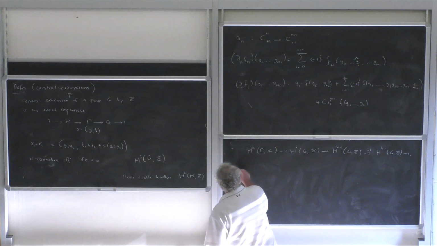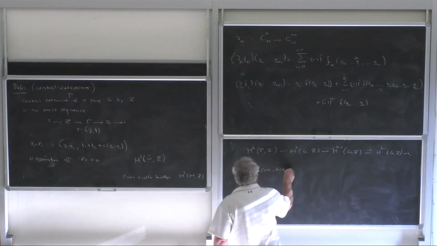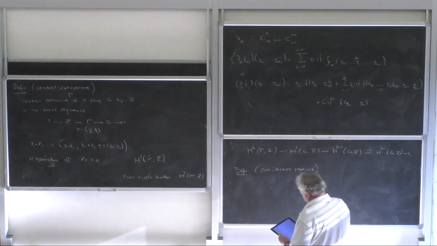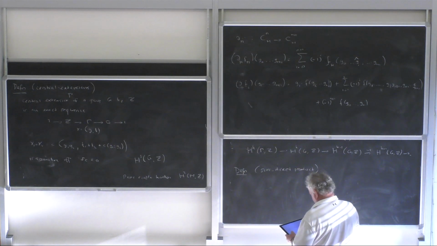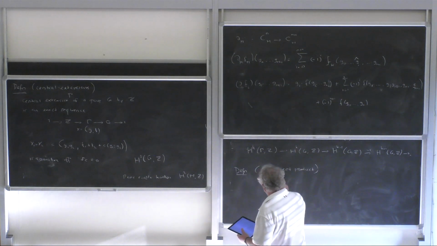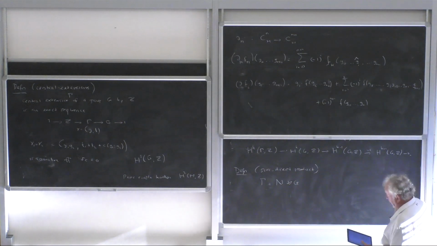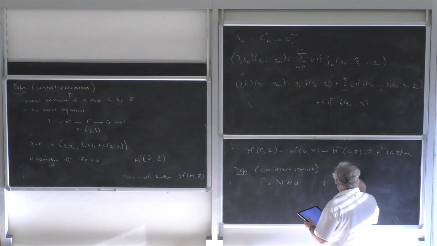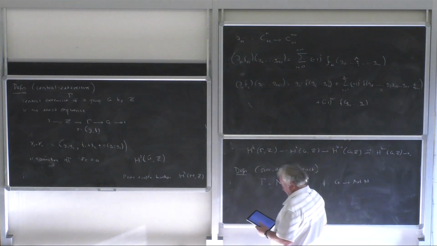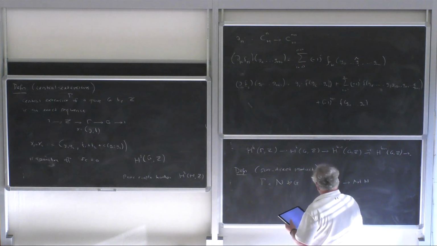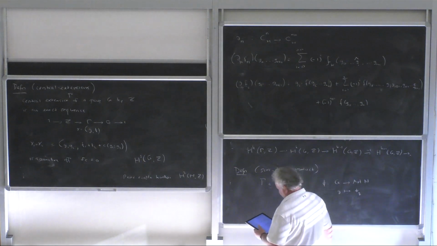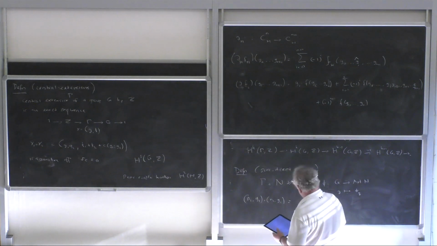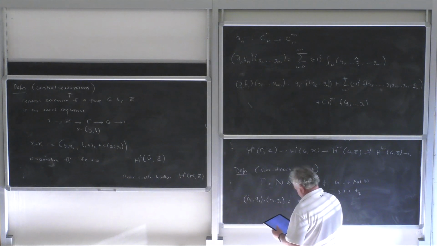Okay, the other definition which I need is a semi-direct product. So the semi-direct product of groups N and G is given by some action of G on N. So you need a homomorphism of groups, which maps the group G to the automorphisms of N. So let's say G maps to some automorphism phi of N. Then a semi-direct product is given by the following formula: (n1, g1) times (n2, g2).